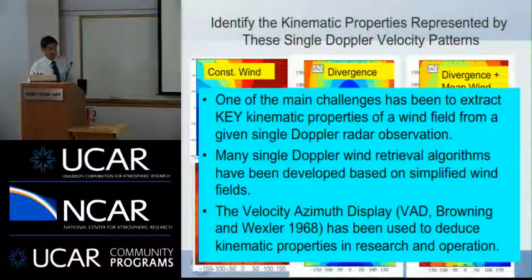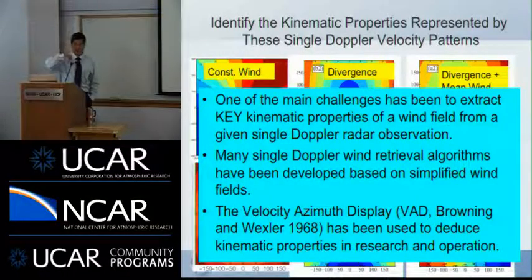If you go to any NEXRAD radar site, you can find a time series of the VAD vertical wind profile. In the next couple of minutes, I'm going to review some simple basic kinematic properties and discuss what VAD is all about.